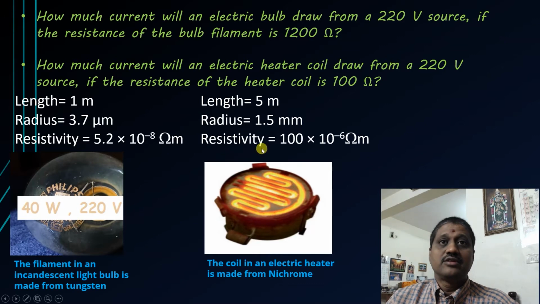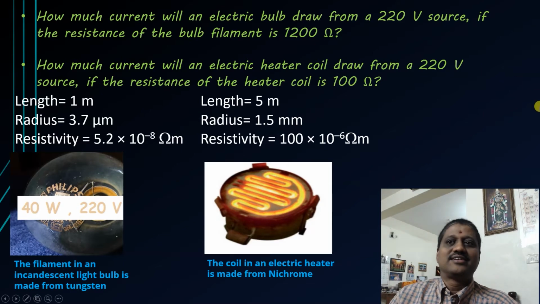Even though the resistivity of the alloy nichrome wire is higher, by changing the geometry, we make the resistance so low, 100 ohm. You see, resistivity defines, but geometry dominates. Even though resistivity is lower, the geometry makes the resistance so much higher. That is the understanding of this problem, a different concept understanding.